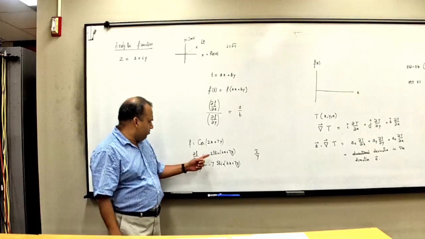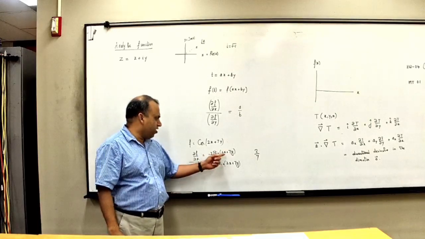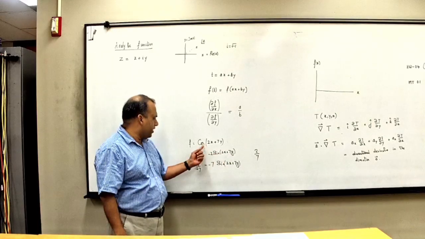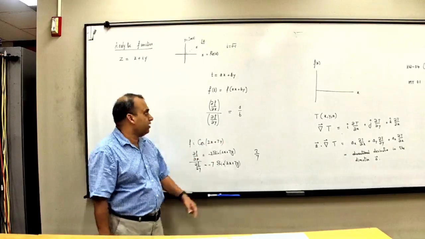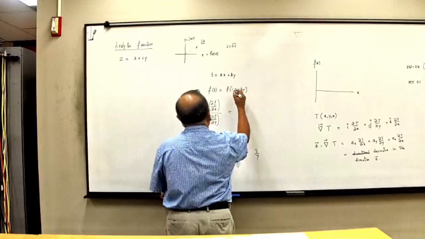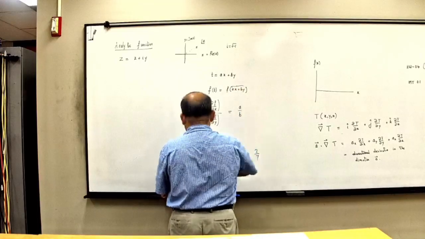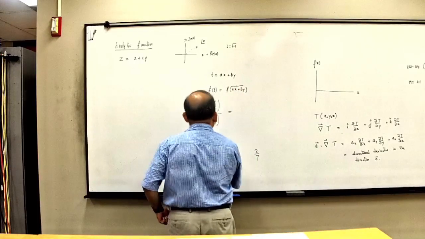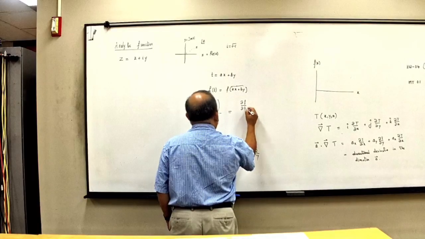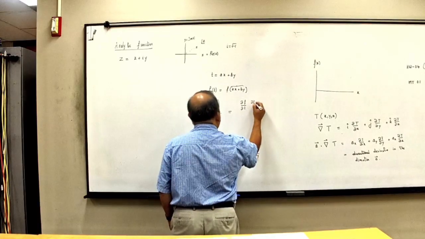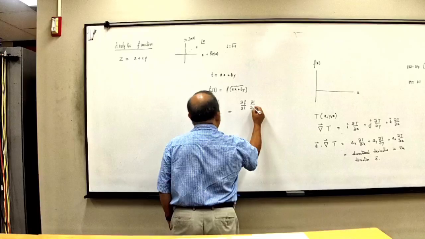And why is that? How did you get sine of 2x plus 7y? Whatever is the argument, you first fix that. So if this was t, you would say this is the partial derivative of the argument, and this is a chain rule, right? dt by dx.